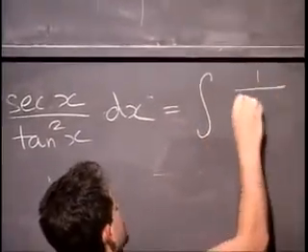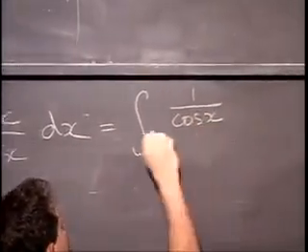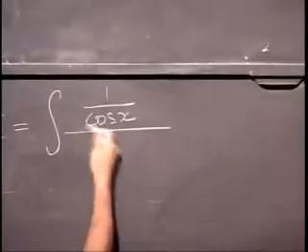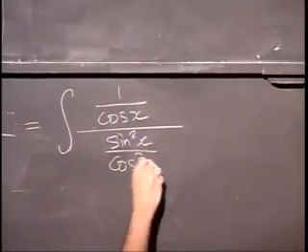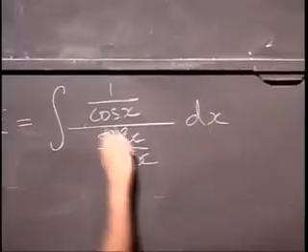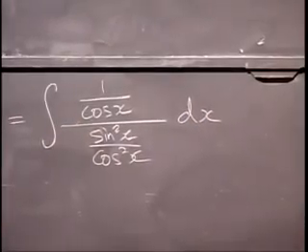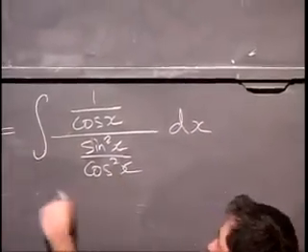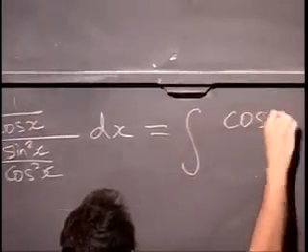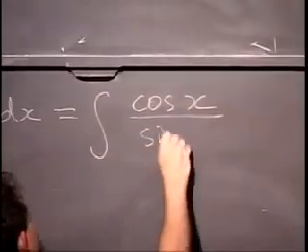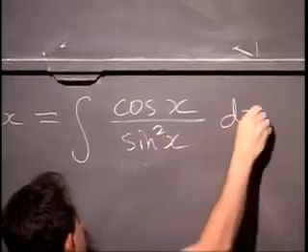So if I do that, I get 1 over cosine x divided by sine squared x over cosine squared x. And now at least I'll have a little bit of cancellation. In fact, if I bring this cosine squared all the way up, I will find I only get 1 cosine x over sine squared x.